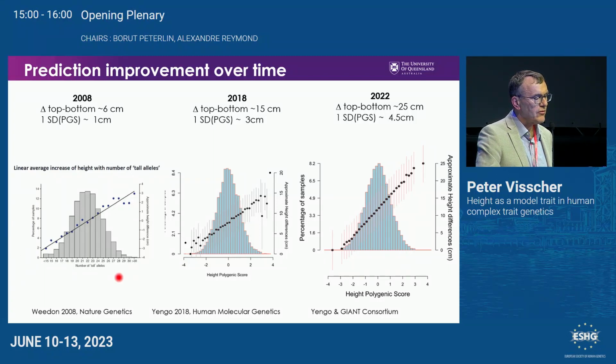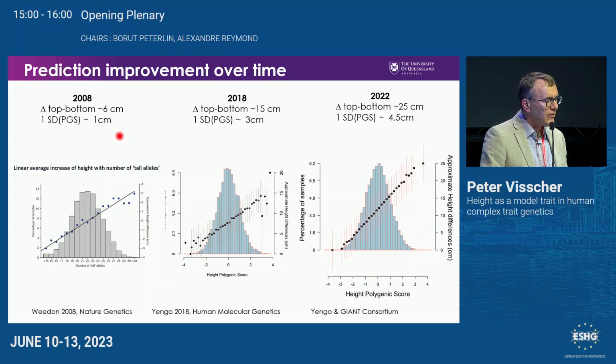That's shown on this scale here. So in 2018, in a paper from Mike Weedon and colleagues, the achieved phenotypic difference between the tails of the population was about 6 centimeters, and you can translate that into what's the effect size of a polygenic risk score.